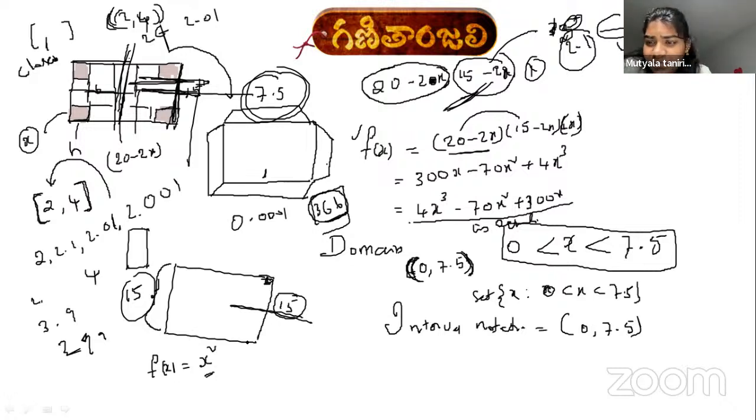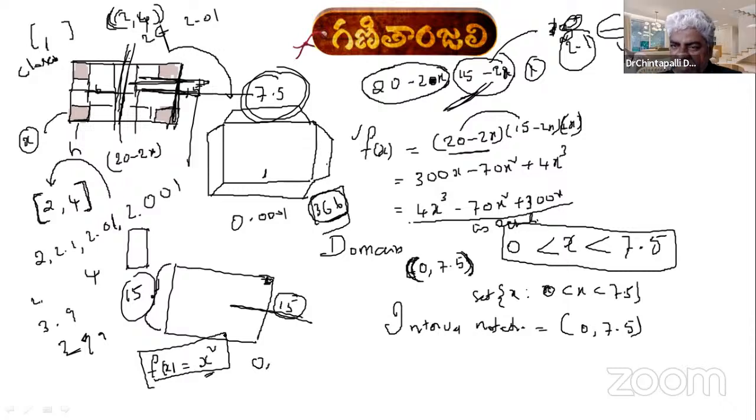Minimum value is 0. We are not thinking about the box generally. Maximum value, there is no maximum value. It has no limit. So the range of this function is 0 to infinity.